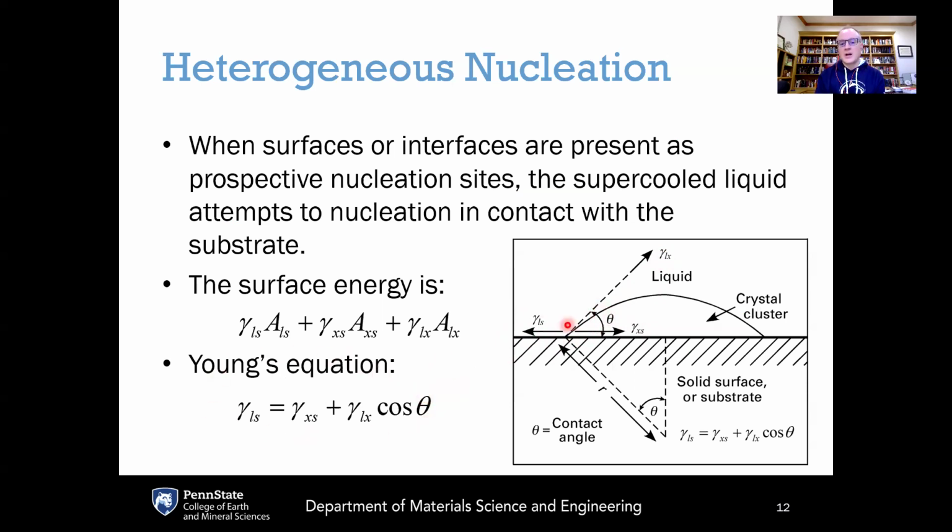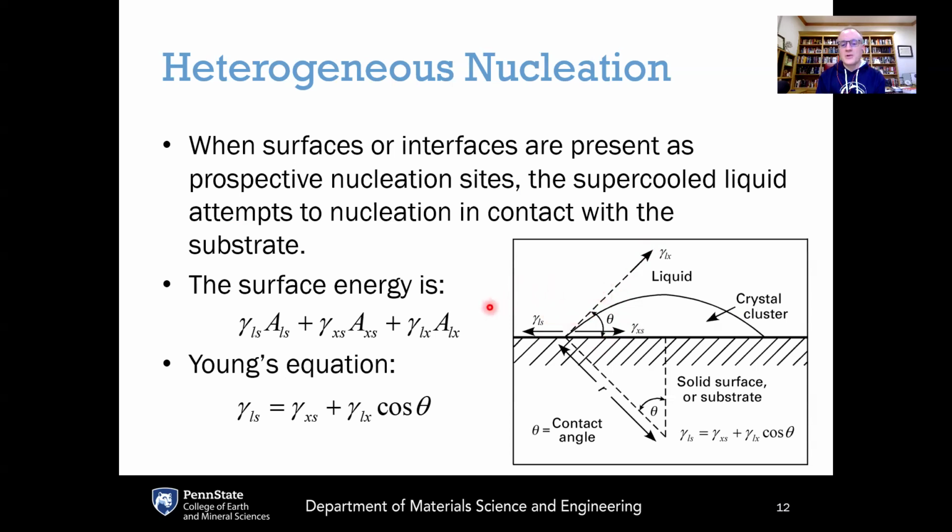If you consider this interface having interfacial forces acting in the leftward direction, and this one acting entirely in the rightward direction, and then the gamma Lx has a component acting in the rightward direction, which is gamma Lx times the cosine of this contact angle theta, these have to balance.